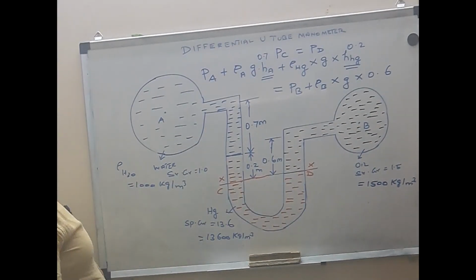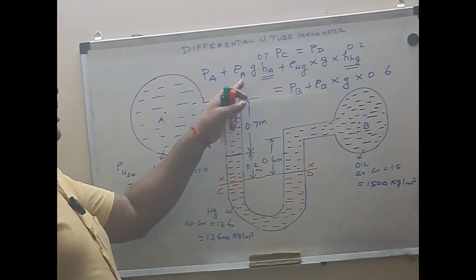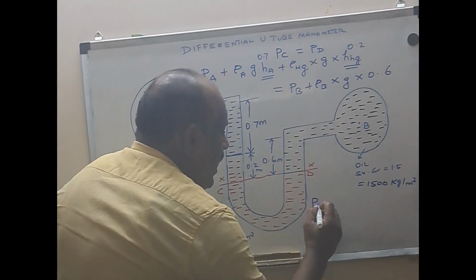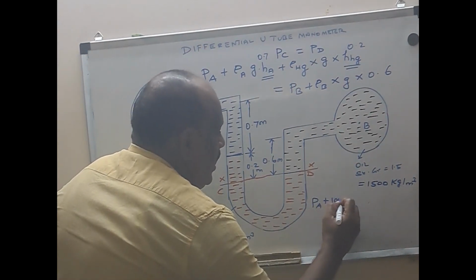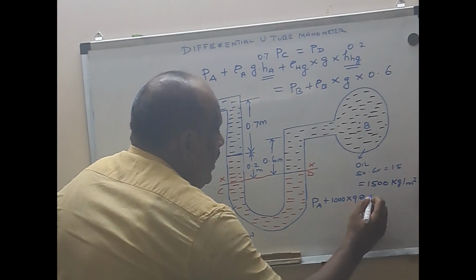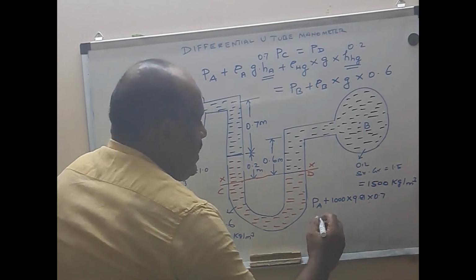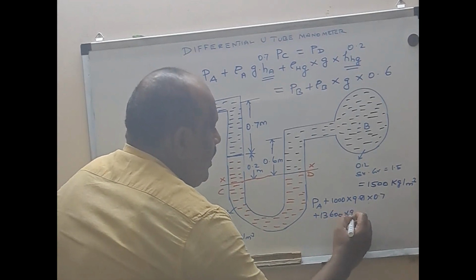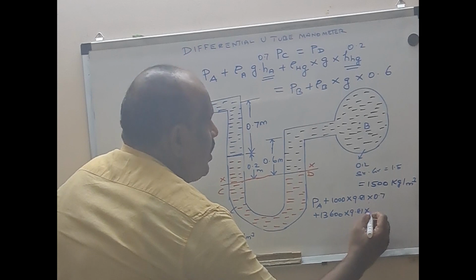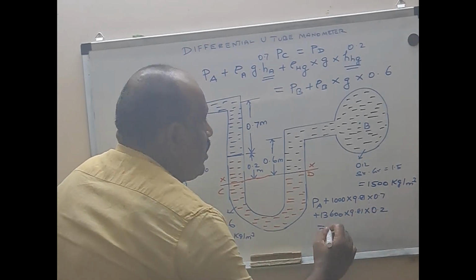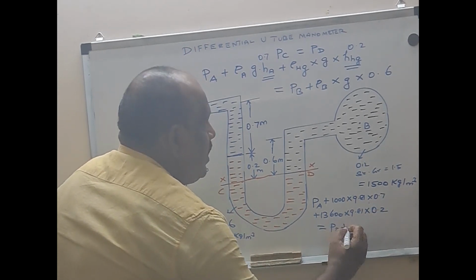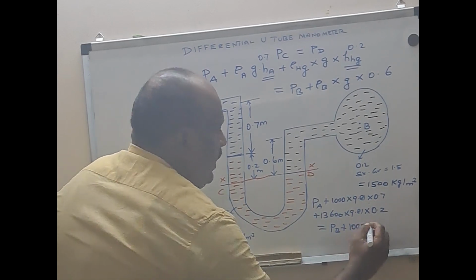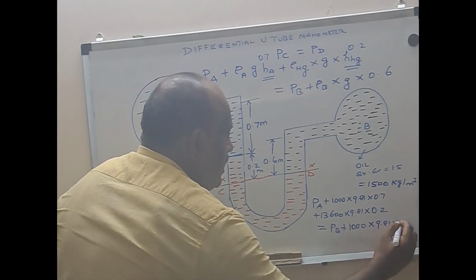You know what rho A is: 1000. You know g is 9.81. You know 0.7. Otherwise I'll write one more step. So PA plus 1000 into 9.81 into 0.7 plus rho Hg, which is 13,600, into 9.81 into H of mercury, which is 0.2, is equal to PB plus rho of B. Rho of B is nothing but 1000 into 9.81 into 0.6.